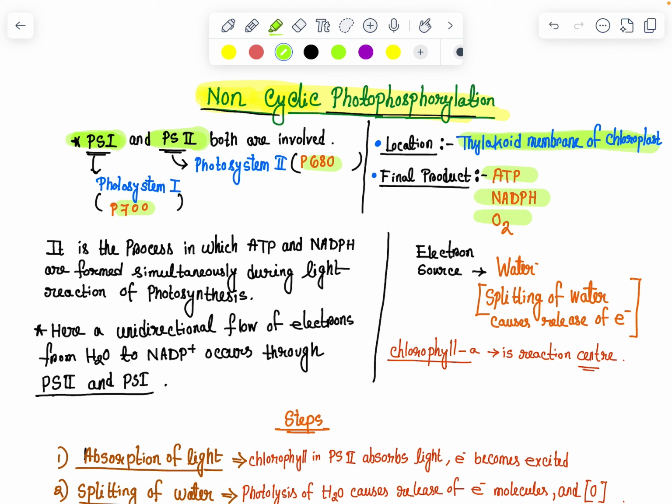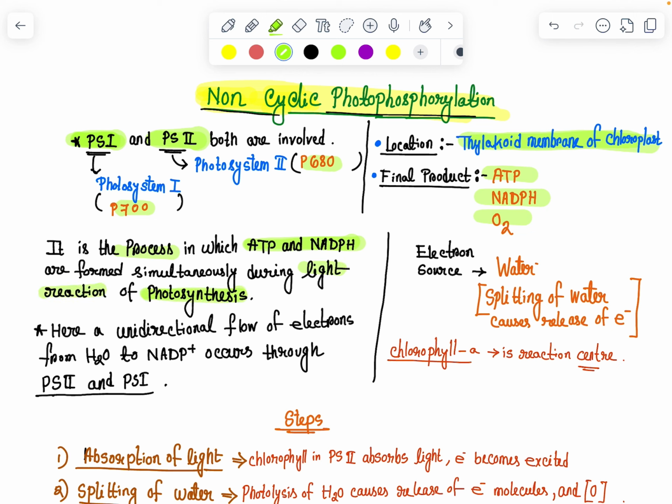Now we will look into the definition of the non-cyclic photophosphorylation. It is the process by which ATP and NADPH are produced during the light reaction of photosynthesis. We know that the products of the light reaction of photosynthesis are these two, ATP and NADPH.